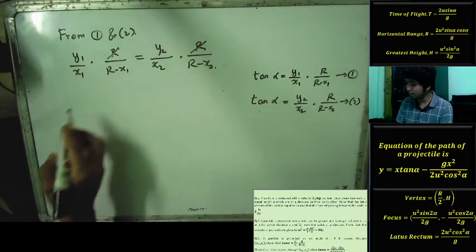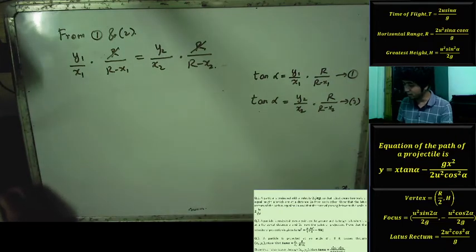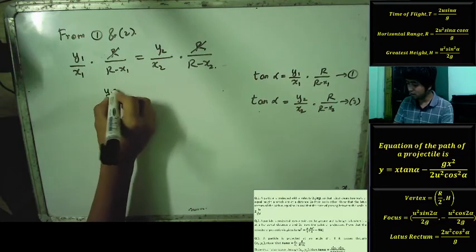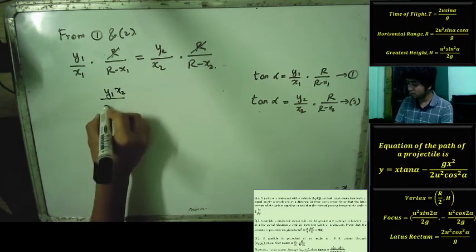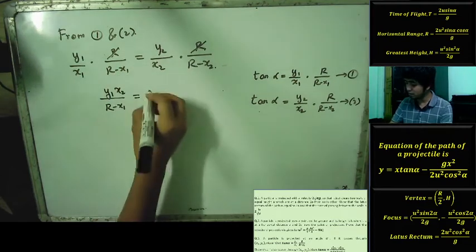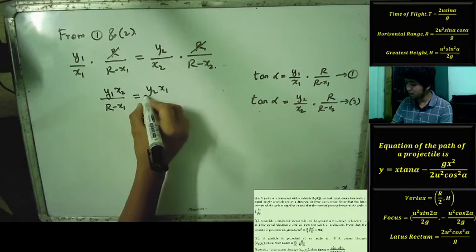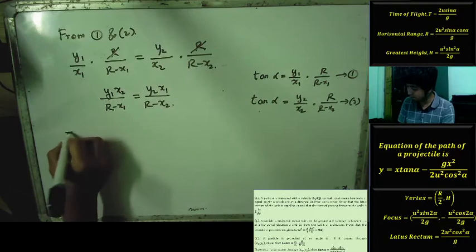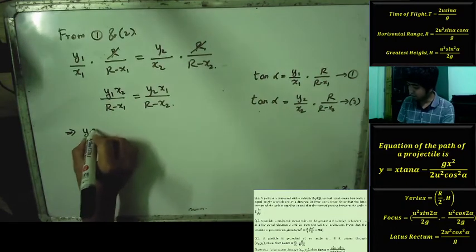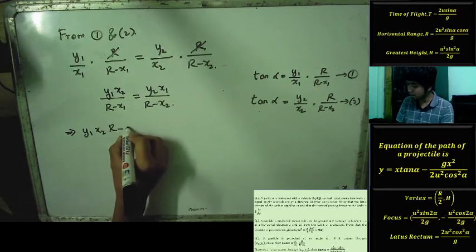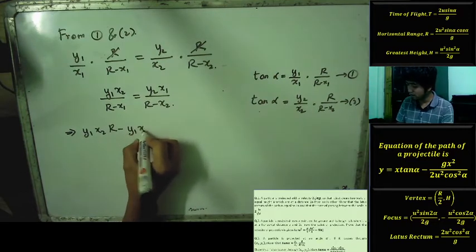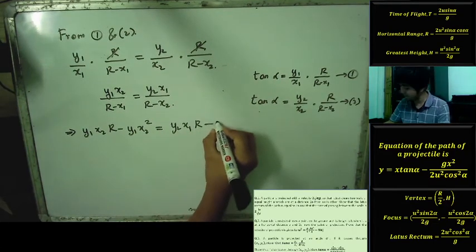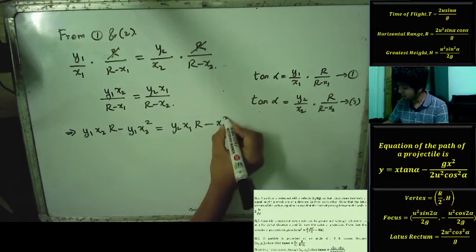So now we can write it as y1 x2 upon r minus x1 equal y2 x1 by r minus x2. Now we can cross multiply. So we'll have y1 x2 r minus y1 x2 square equal y2 x1 r minus x1 square y2.